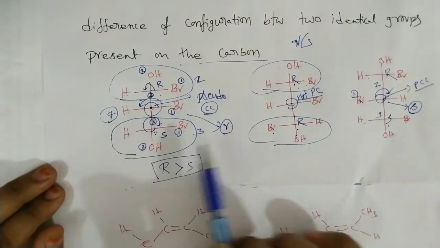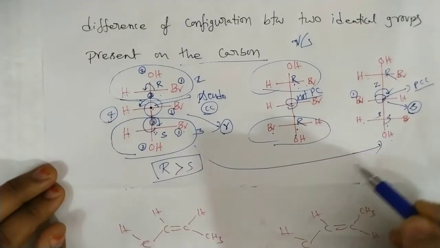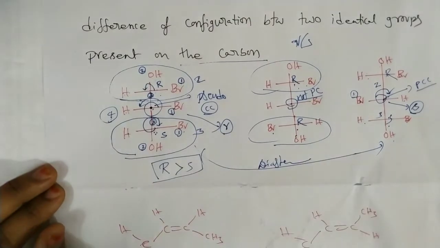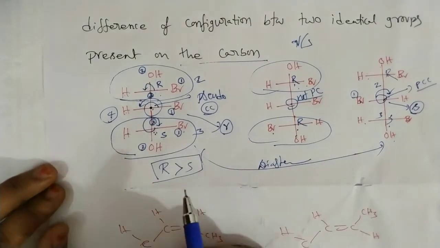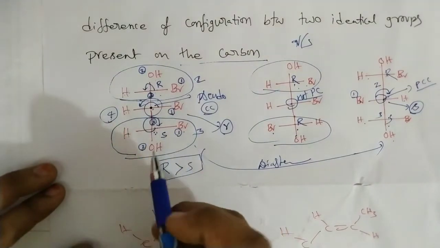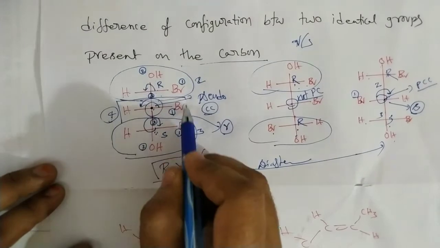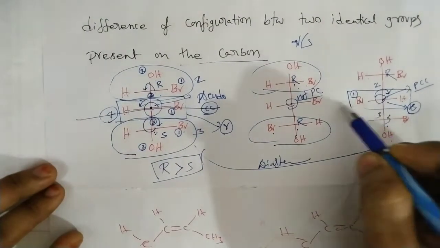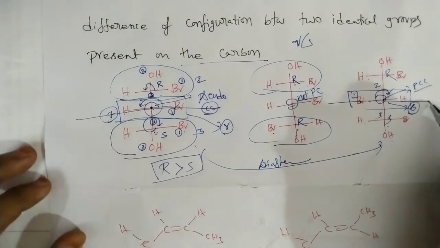Here these two are not mirror images. The relation between these two is diastereomers, because they are non-mirror images. If you observe the optical activity of these compounds, due to a plane of symmetry this compound is optically inactive, and due to a plane of symmetry this compound is also optically inactive.